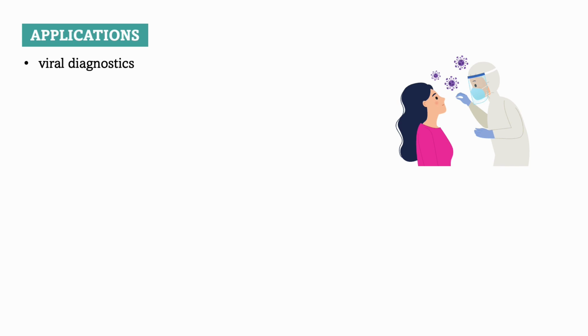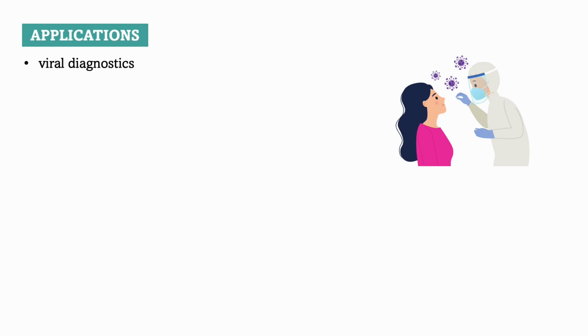Today, perhaps the most well-known application of RT-PCR is the diagnosis of diseases caused by RNA viruses. To do this, the viral RNA is transcribed into cDNA by reverse transcriptase and amplified after complementary primers bind to their target sequence.